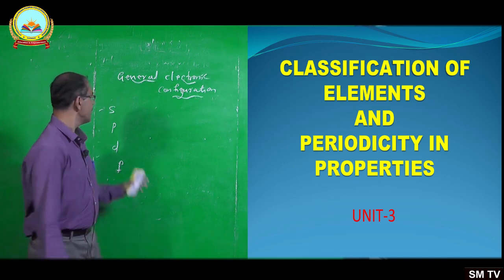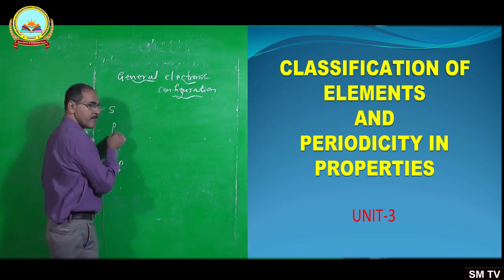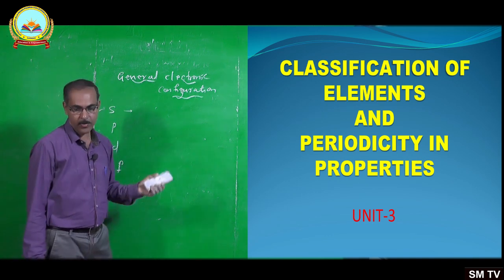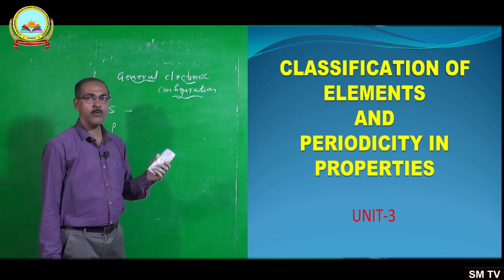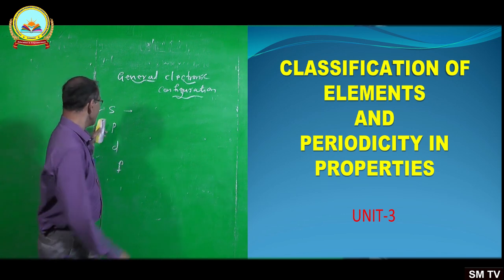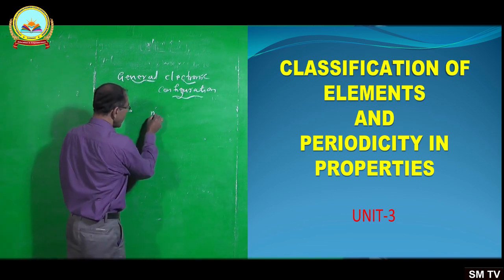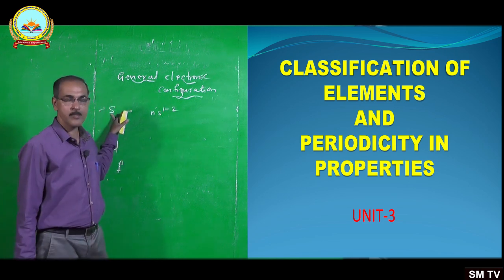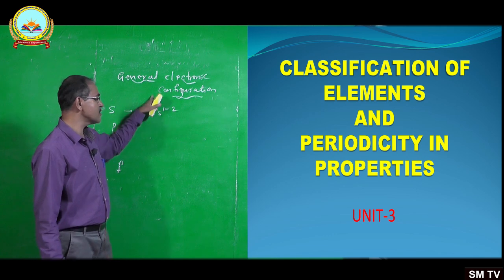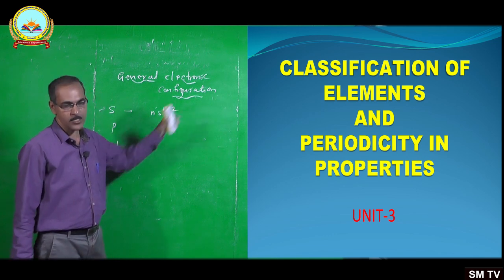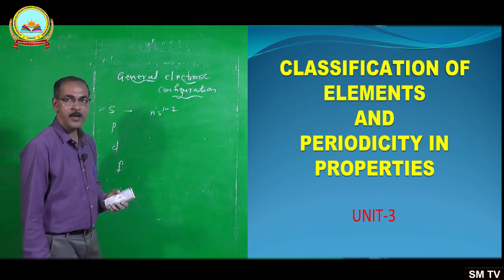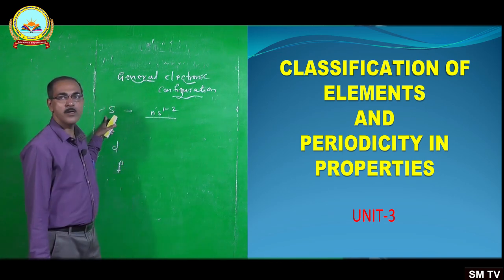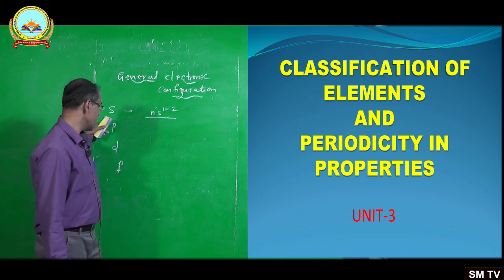Remember, the general valence electronic configuration or general outer electronic configuration. For s block you have ns1 to 2 configuration, alkali and alkaline earth metals. First group elements have ns1, second group have ns2. In general, the s block elements have ns1 to 2 electronic configuration.